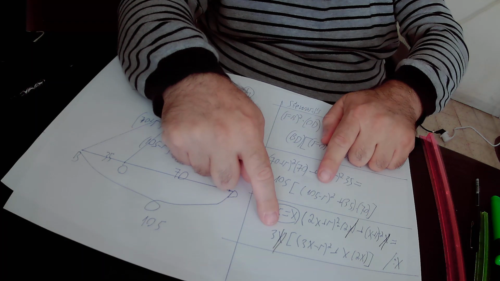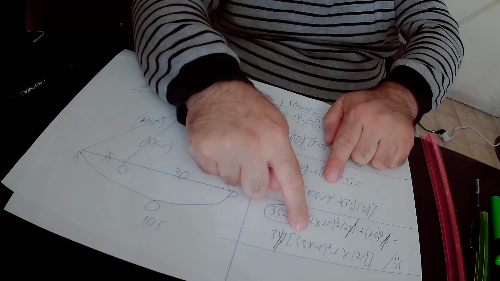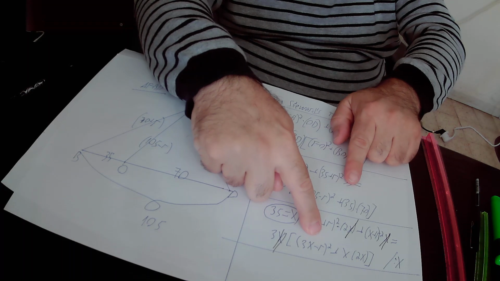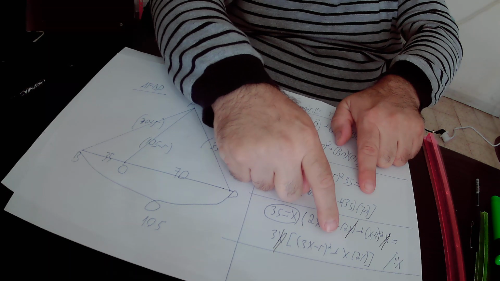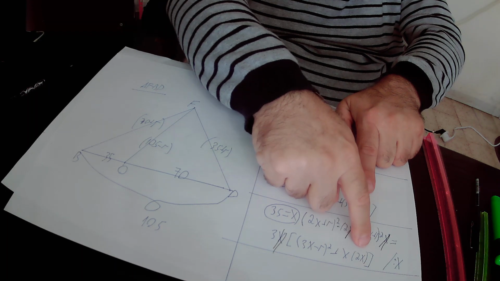Inside the brackets we have again 105, that is 3x, minus R, squared, plus 35 which is x, times 70 which is 2x. So 35 times 70 is x times 2x.